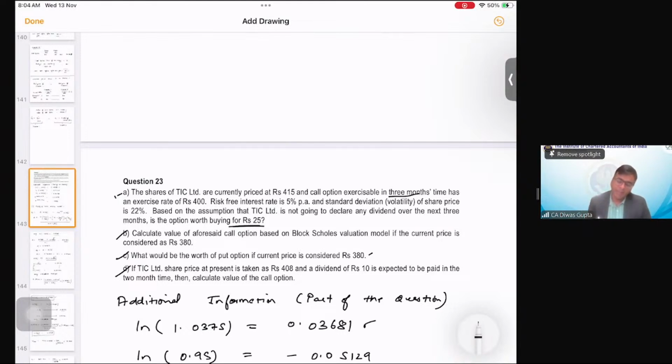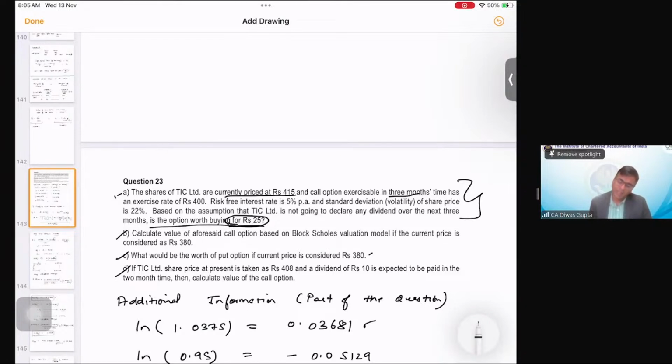See, because in the A part, it starts that it is currently priced at 415. And then it is asking you whether it is worth buying for 25 or not. This is the first part. In my printouts, the calculation of the value of the call option using 380 is the A point. That's why I was saying. Okay, no, no. So the A part, I think, is asking us to do 415.